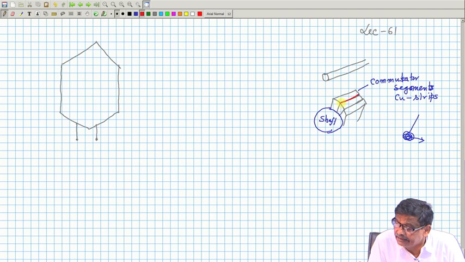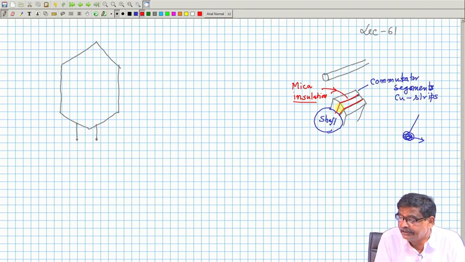The red portions are called mica insulations, okay? Mica insulations. So that each segment has its own electrical identity. It is not sharing anything with the adjacent commutator segment. They are insulated from each other.